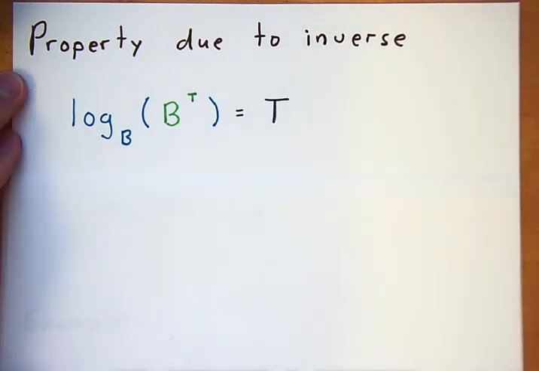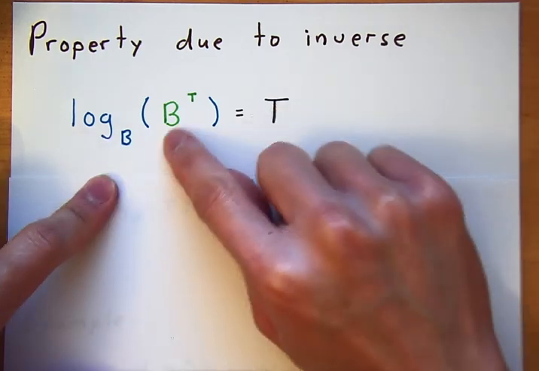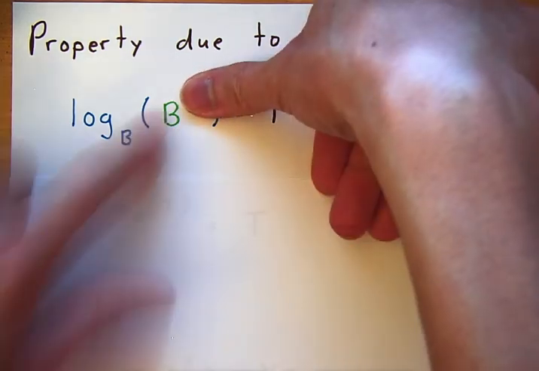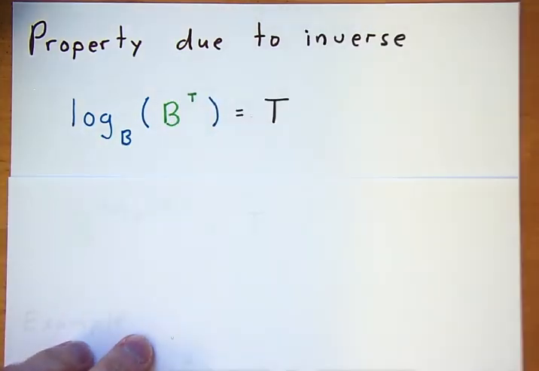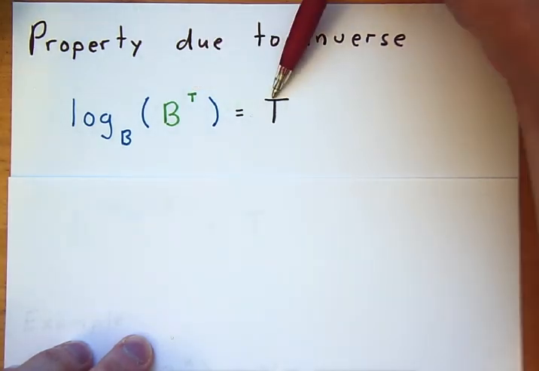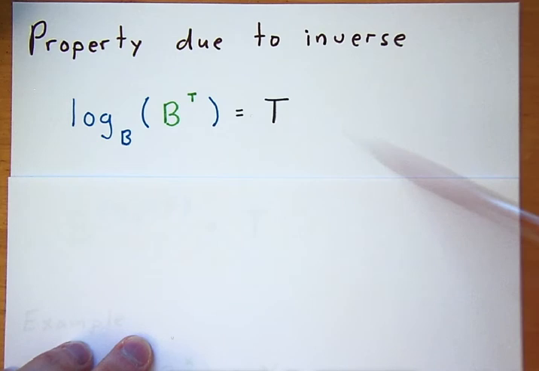So this log base b and this exponential with base b will cancel each other, and all you'll have left is that. So log base b of b to the t power equals t.